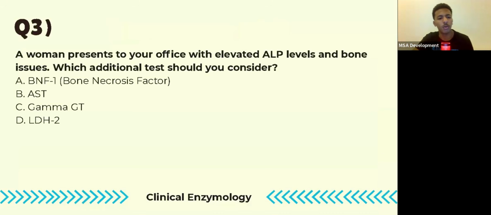Question three. A woman presents to your office with elevated ALP levels and bone issues. Which additional test should you consider? So remember the options: elevated ALP levels and bone issues. ALP measures for liver and bone. So you want a test which is going to tell us, is it liver only or bone only?